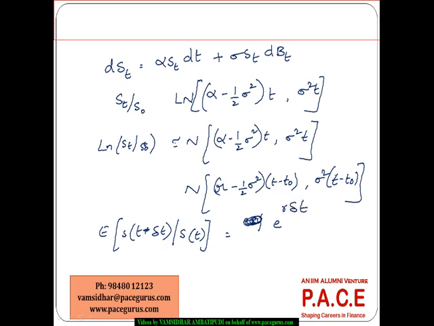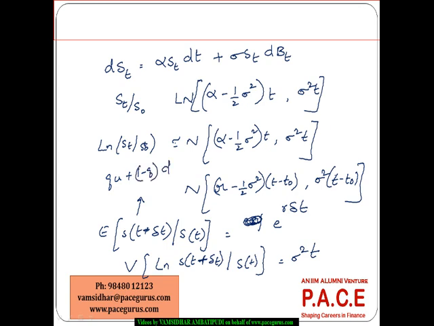Similarly I can take the variance of the log of S t plus delta t, given St, as sigma squared t. And we already know that this is the same as q times the up move plus 1 minus q times the down. So from here I can simplify.